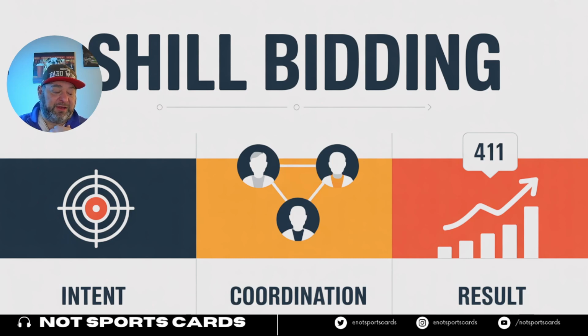And I want to bring in the last part, which is the result, because this all loops back together: what does the result end up being? In the end, is the card purchased? And is it a real purchase? I'll give you the example of where I get into this. I'll have a friend say to me, hey, I'm auctioning a card.